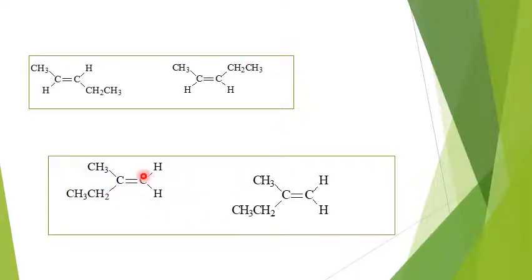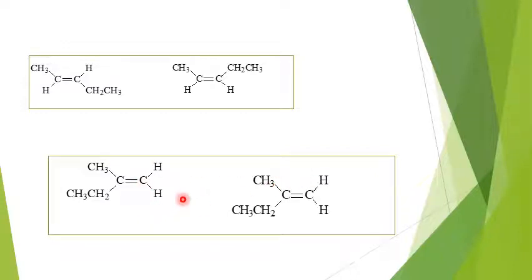Okay, so now let's take a look at these two structures. Are they the same or are they cis-trans? One way to tell is to look at each carbon, and if either one of the carbons has the same thing attached, then they will not be cis-trans. Notice this carbon here has hydrogens attached.